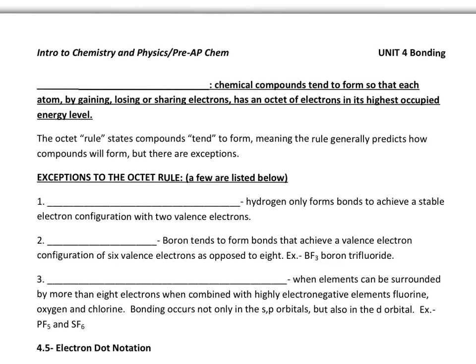Okay, the last thing we want to touch on today is the octet rule. I'm going to put this like this because we're going to talk about how it's not always a rule in just a second. Well, more than one, but a few seconds.